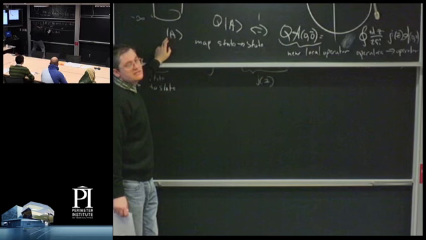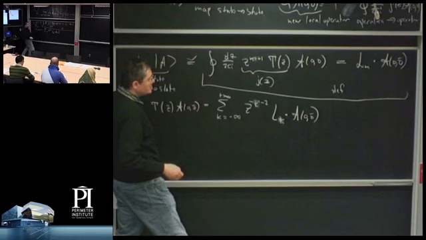Actually, I'm summing over k, and I deliberately chose the index k here. And you can see that that's indeed the case, because all I have to do is substitute.